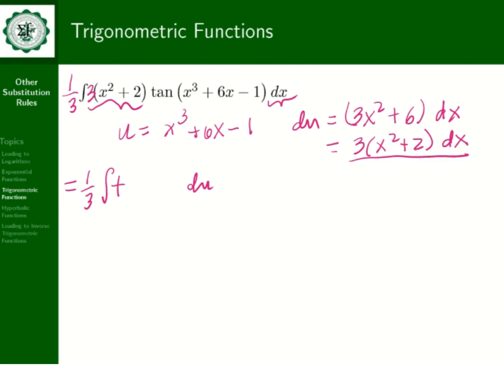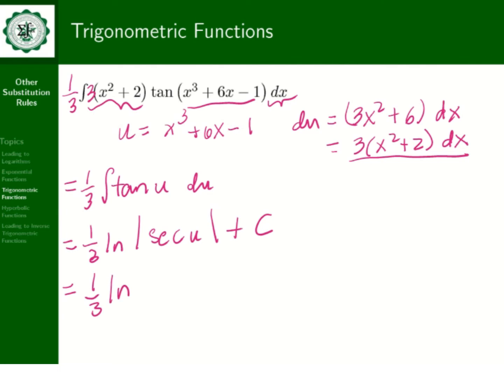And then we have tangent, so the angle x cubed plus 6x minus 1 will be our u. And then the answer is 1/3 ln of the absolute value of secant of u plus c. And then we write 1/3 ln of secant of u, which is x cubed plus 6x minus 1 plus c.